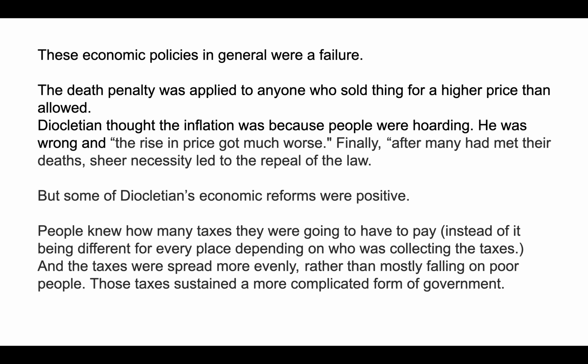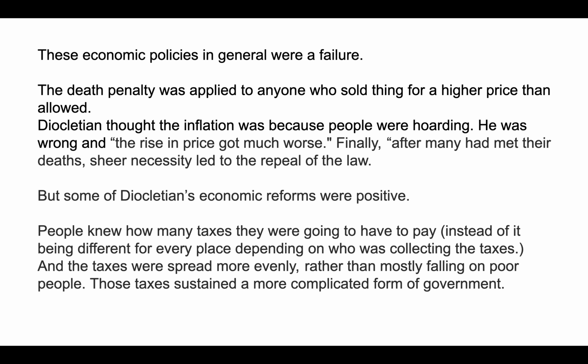And also under Diocletian, the taxes were spread more evenly. When I say they're spread more evenly, typically people who were wealthy got away with not paying taxes, and people who were poor had to bear most of the burden of the taxes. Again, you can think of Robin Hood when you think of that.